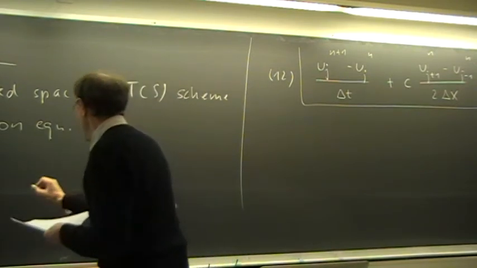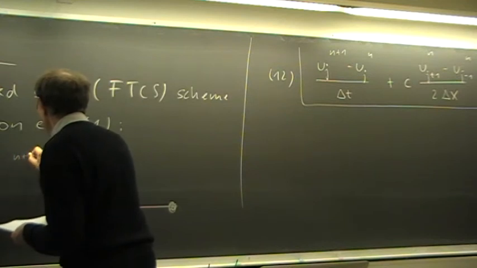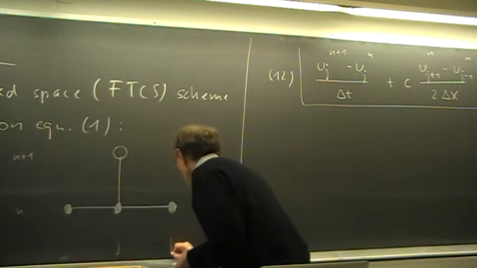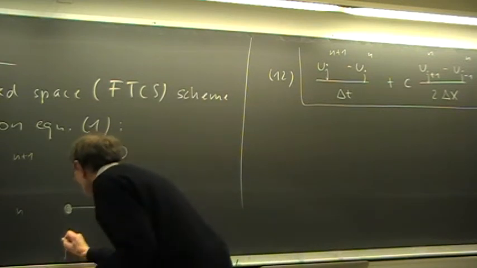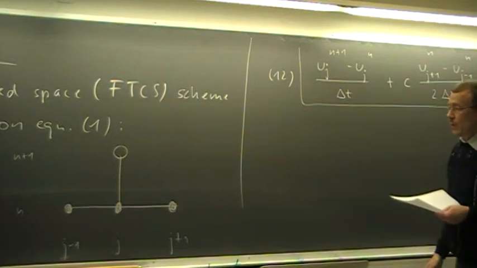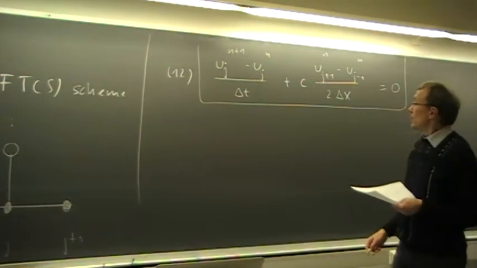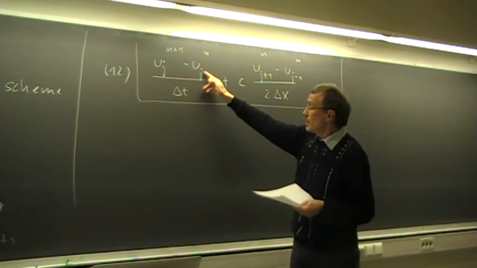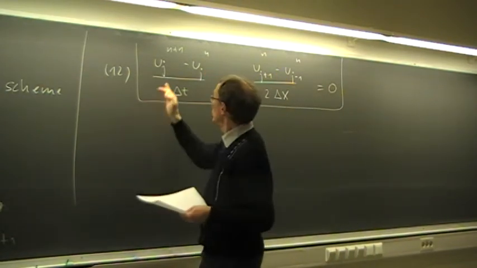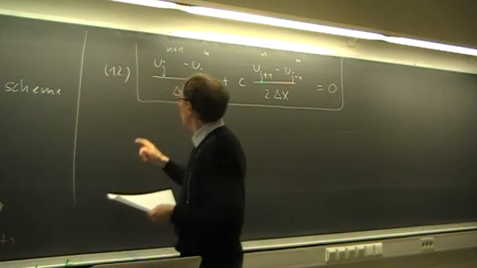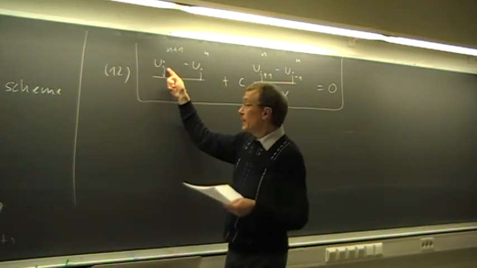So that would correspond to time level n plus 1, time level n, grid index j, j plus 1, and j minus 1. So this is space, this is time. Because now j minus 1, j plus 1, and j are involved at the old time level n, so they are represented here. And the one that we want to calculate is then here.